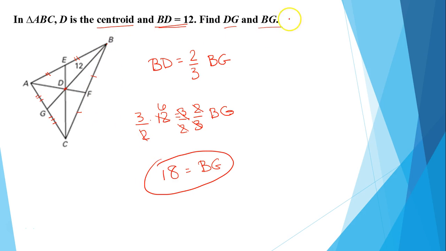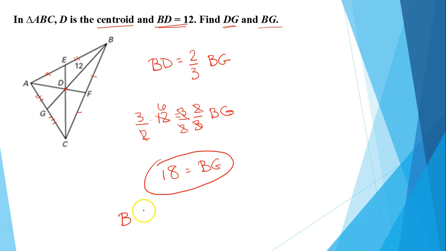Now, we're also asked to find what DG is equal to, which is this segment down here. Since the whole length is 18 and this portion of it is 12, we can subtract. This is kind of using the segment addition postulate from chapter 1.